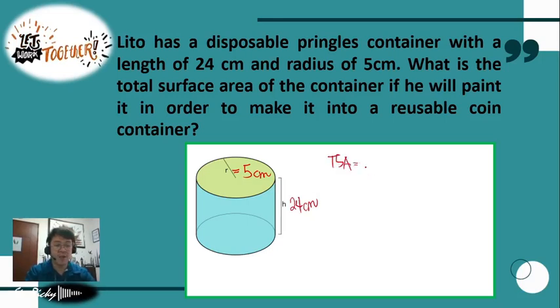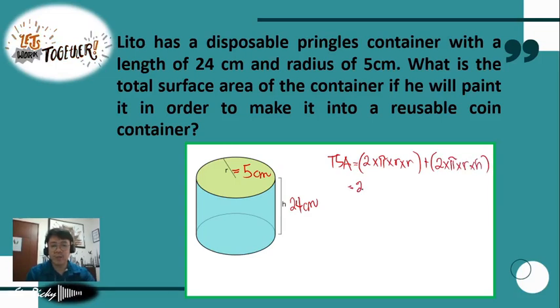First, we're going to get the area of the two circular bases by getting 2 times pi times r times r, plus the area of the lateral face, which is 2 times pi times r times height.